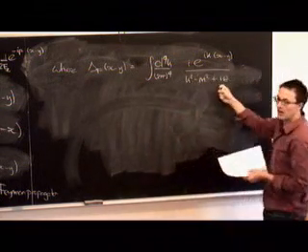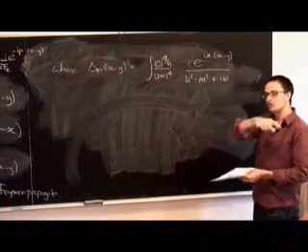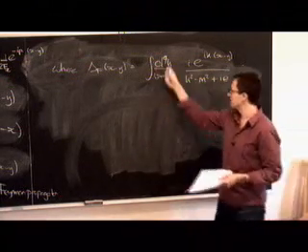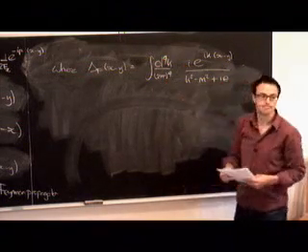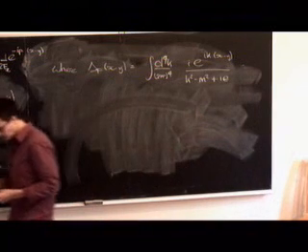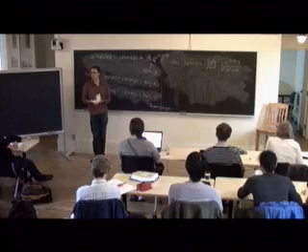And remember, this plus i epsilon is just there to remind us that we do this strange contour that dips over one singularity and under another singularity when doing the K0 integral. Okay? Are there questions about this?